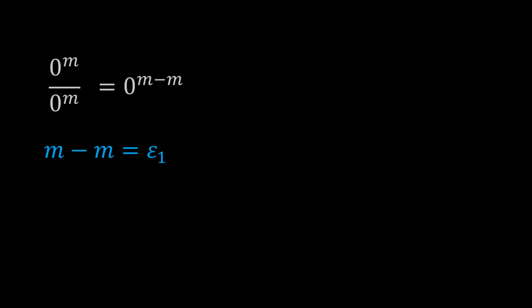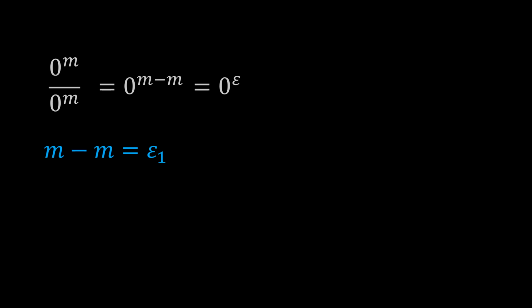If we let n be equal to 0, we have 0 raised to the power m divided by 0 raised to the power m, and this is equal to 0 to the power m minus m. As we have seen, m minus m is equal to epsilon. So this is equal to 0 to the power of epsilon, or simply 0 to the power 0.